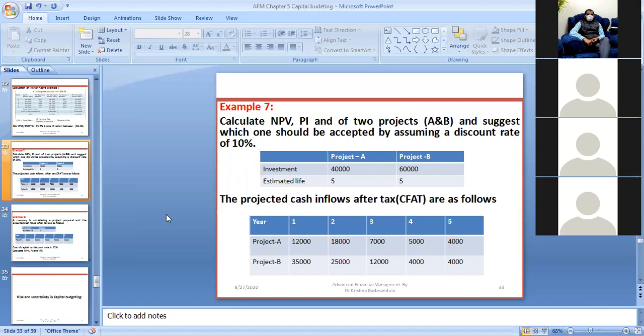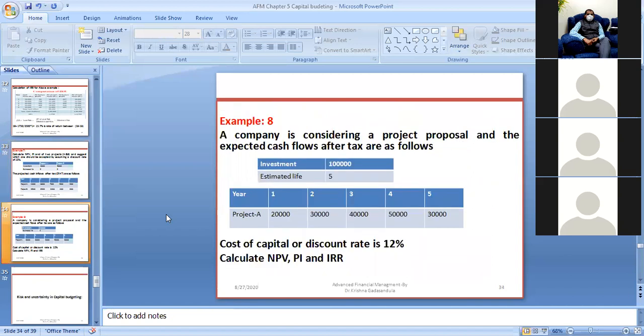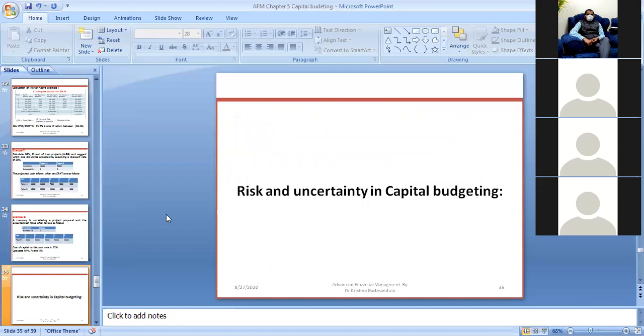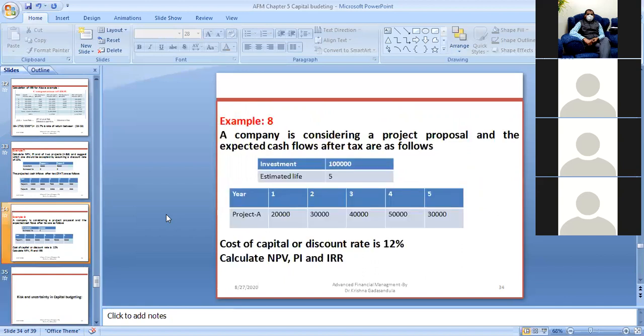You can calculate these using the formulas. I have given examples here. You try them at your home so that it can be done.